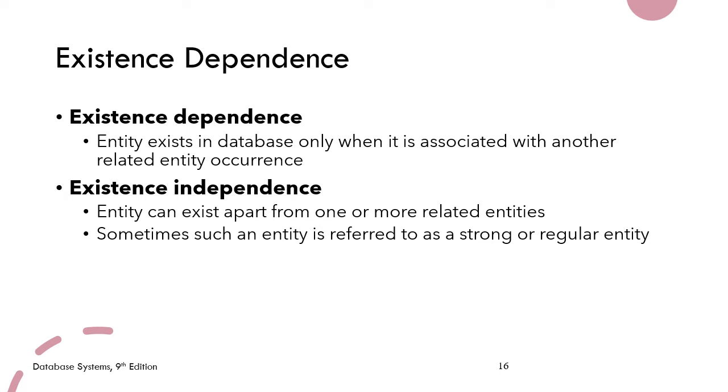Somehow it can stand alone. Somehow the occurrence depends on other entities. So this goes back to the example of employee with its spouse, or student with its parents, not the purpose of parent, the dependent from earlier.